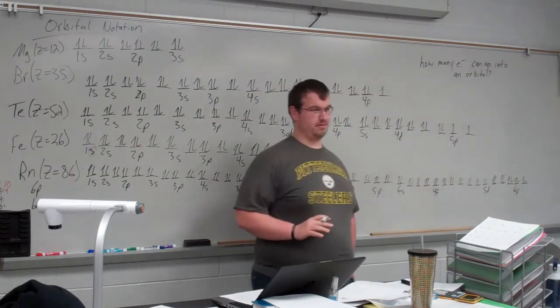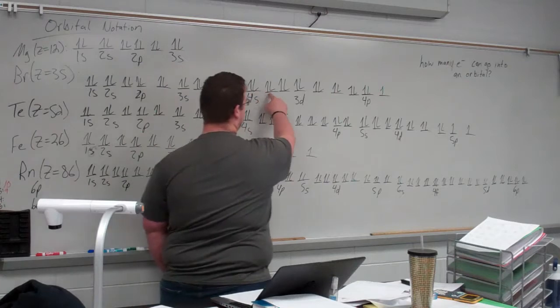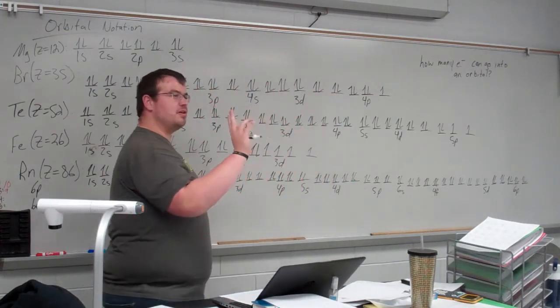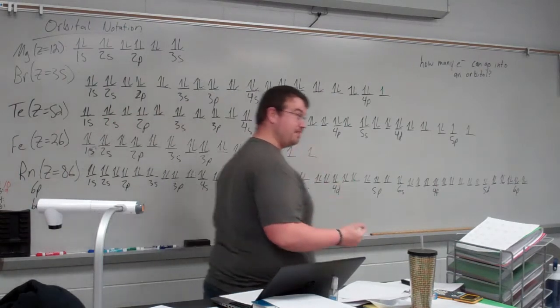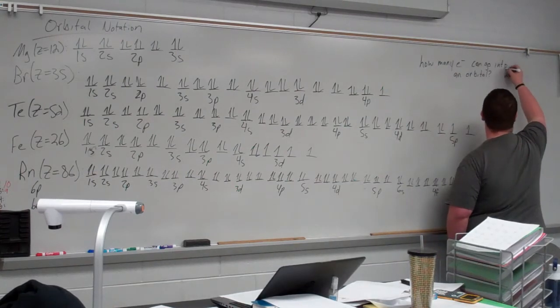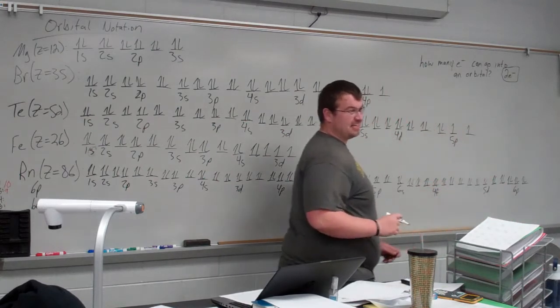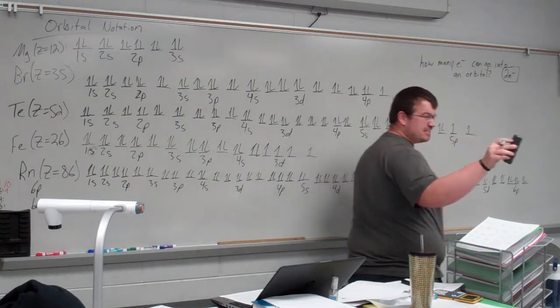Straightforward question. Every dash is an orbital. So what is the maximum number of electrons that can go in an orbital? 2. Very good. I'm very impressed with you. So 2 electrons. Are you ready for the trick? You guys have got this. I believe in you.